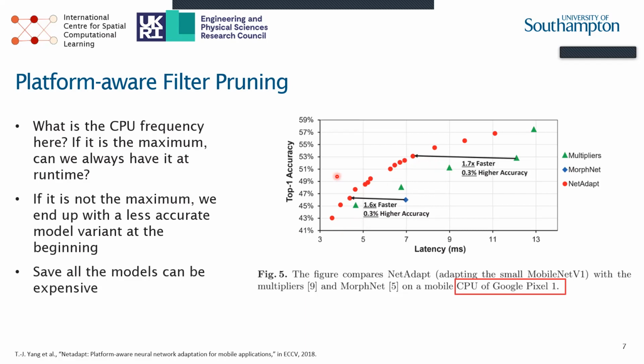But if we save all the models here, it can be very expensive, because each of these models is an individual model, right? Although they are very similar, they don't share weights with each other. So the memory footprint of all these models can be very large.